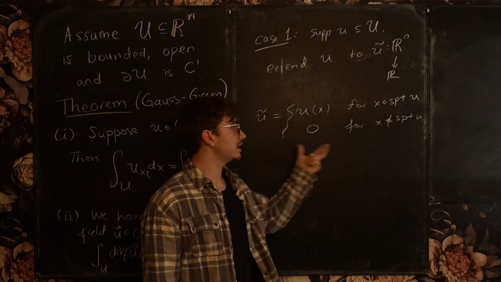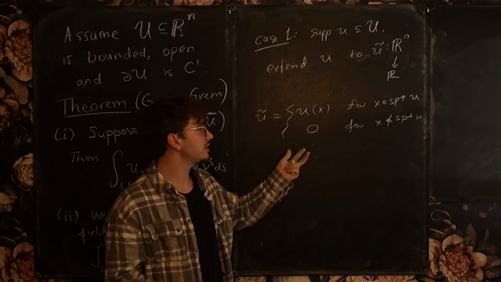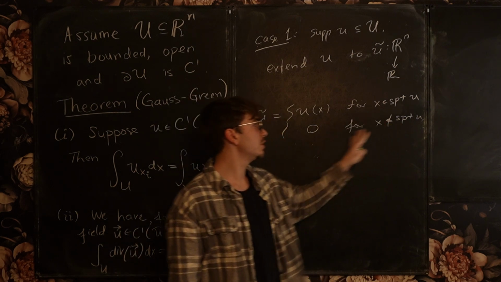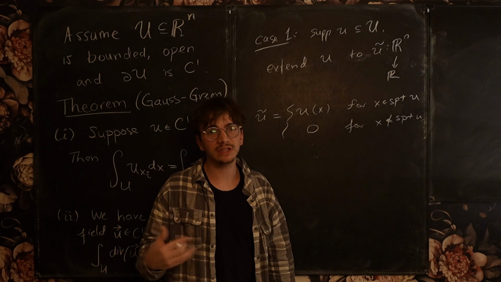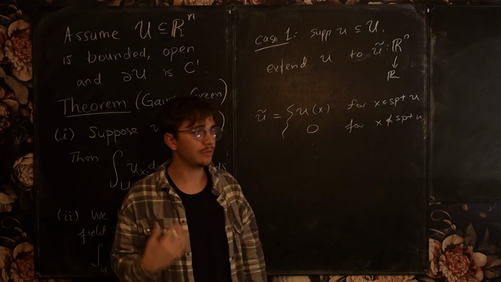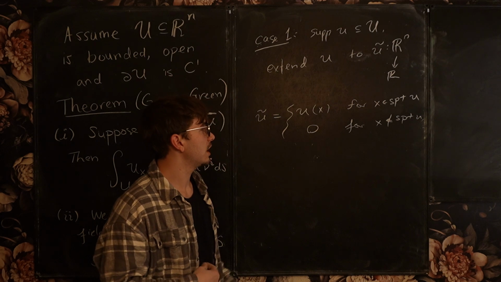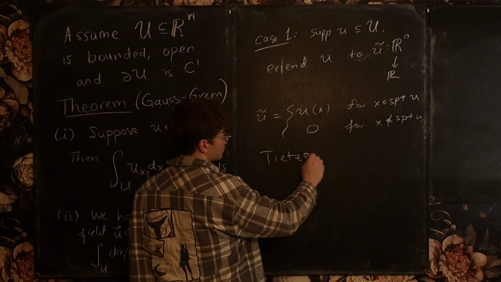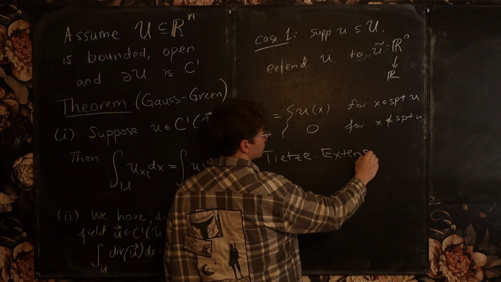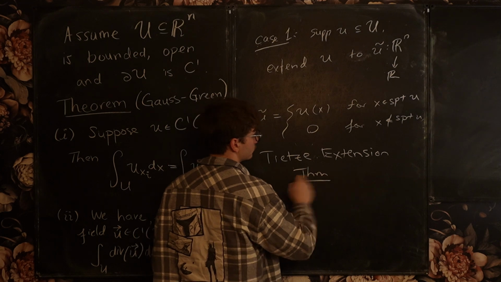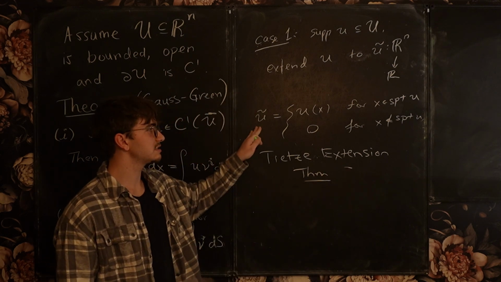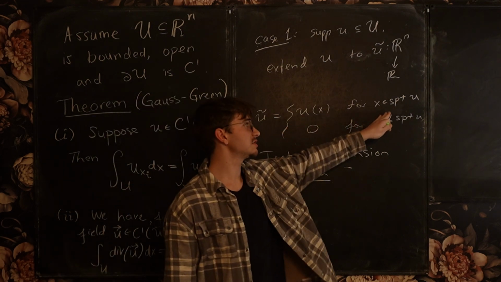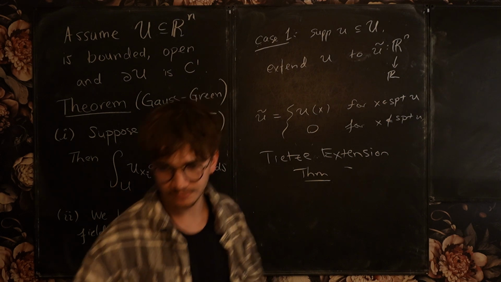Okay, and this is a faithful extension of our function because support u is a closed set. So since support u is closed, we can use one of these extension theorems from analysis, such as the Tietze extension theorem, which tells me that I can extend u into a function on Rn, which basically agrees with u on its support, and it's 0 outside of its support, okay?